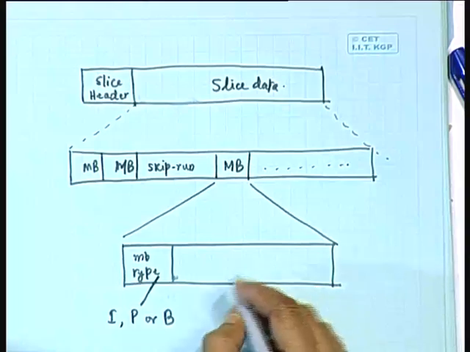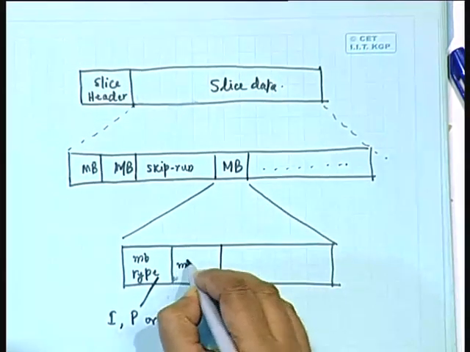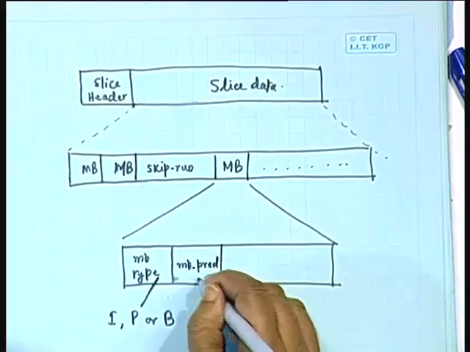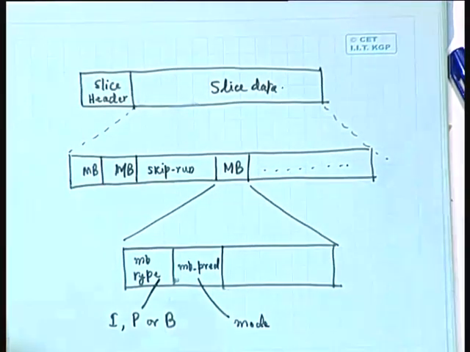Then it also has a field for the macro block prediction mode. So, MB pred basically specifies the mode of prediction, and I have already talked about the mode of prediction both in the case of intra as well as inter predicted macro block.